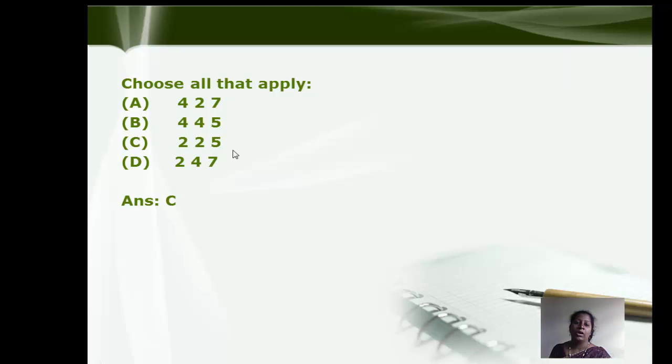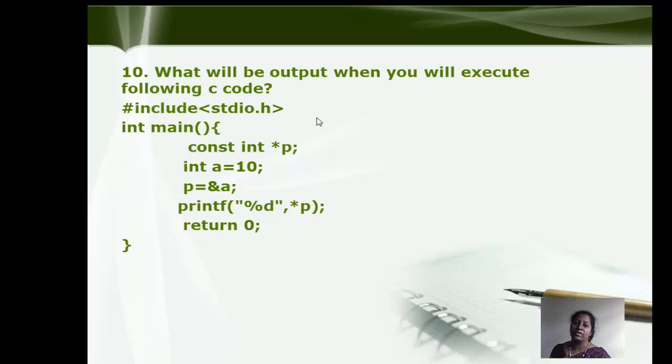So what will be the output of this program? I have a constant integer p and an integer a is equal to 10, and this p stores the address of a. Now I print the value of p. So we shall now look at the options.